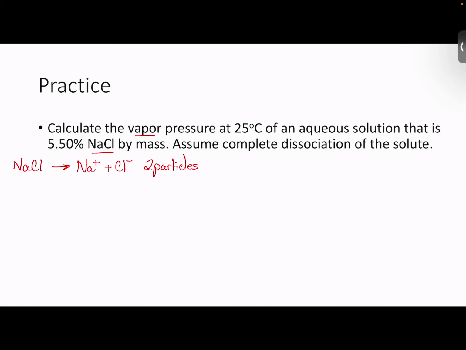The next thing I notice is it wants the vapor pressure of a solution. So the vapor pressure of a solution is equal to the mole fraction of the solvent times the pressure of the solvent. Now, this is again where it changes, when we're dealing with the mole fraction of the solvent.